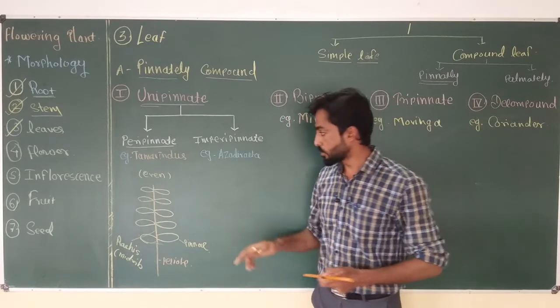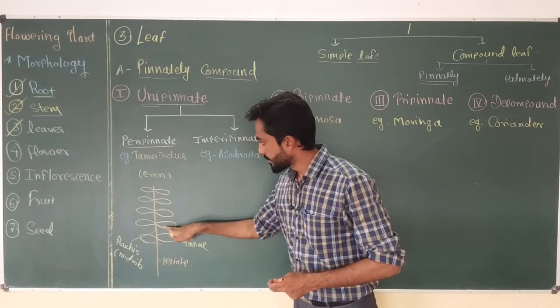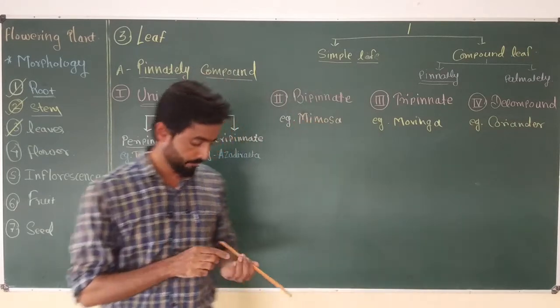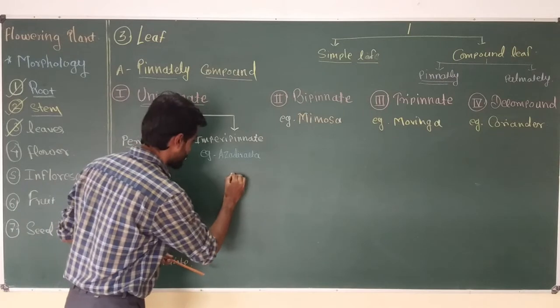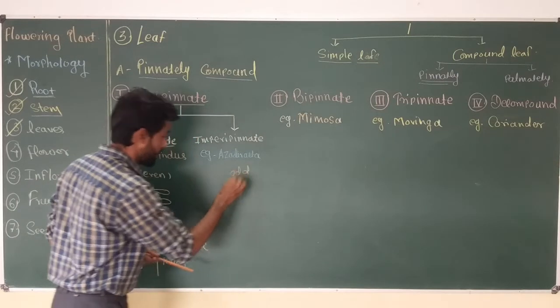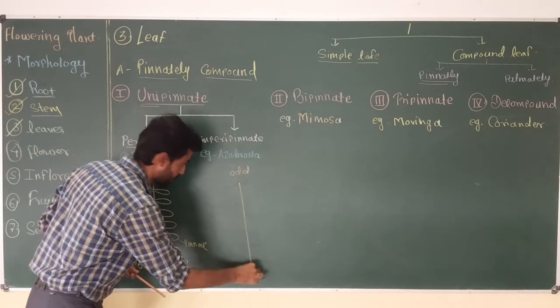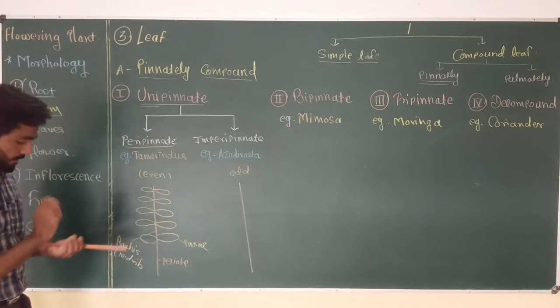Now if the total number of leaflets is odd, in that case the leaf is called imparipinnate.